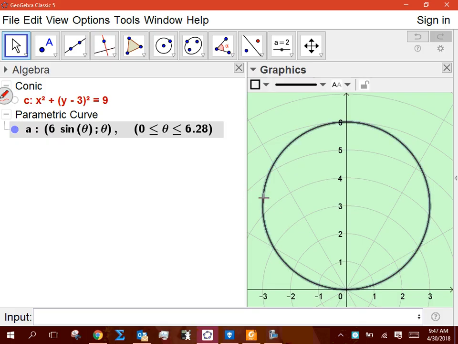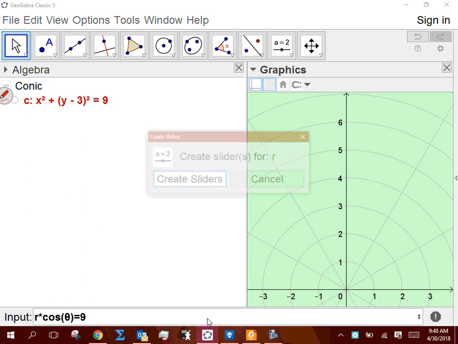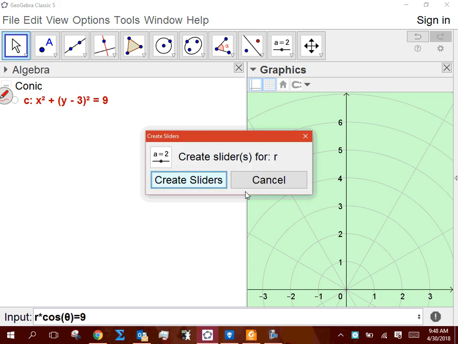If you're questioning whether you're doing this stuff right, graph it. Come over here, and I don't mess with Desmos, so I'm not sure. But if I type r times cosine theta equals 9, GeoGebra thinks r is some constant multiplier, okay?